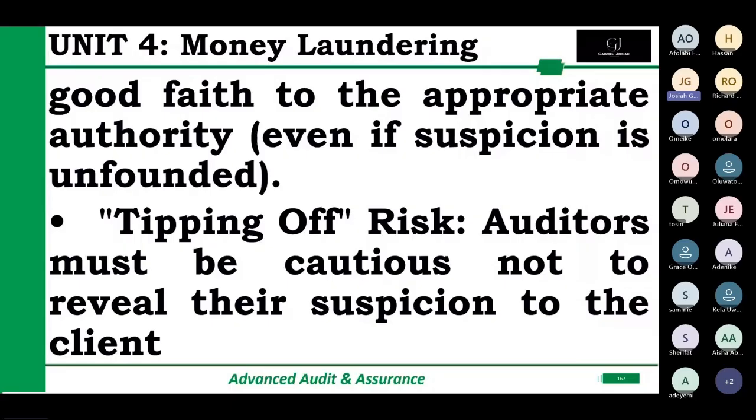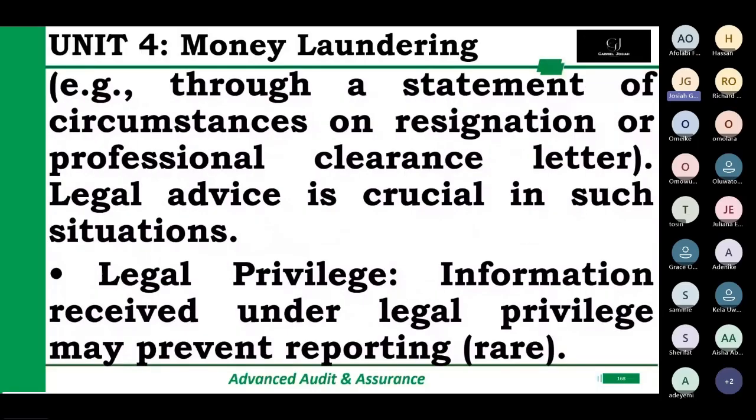If you are scared of the appropriate authorities, of maybe your protection, your safety, you could seek legal advice from your solicitors or barristers. Very important. So through a statement of circumstance on resignation or professional clearance letter, legal advice is crucial in such situations where you found out your client is a money launderer or a criminal.